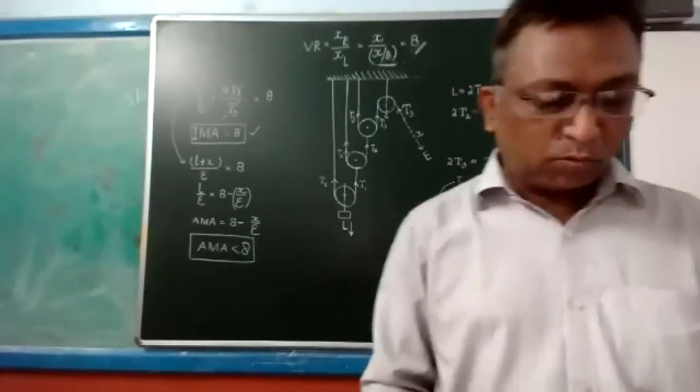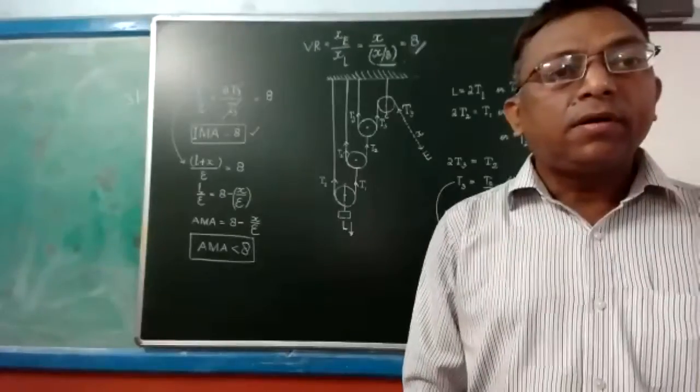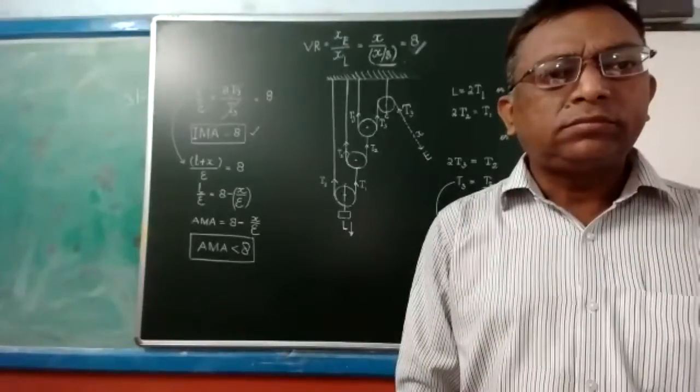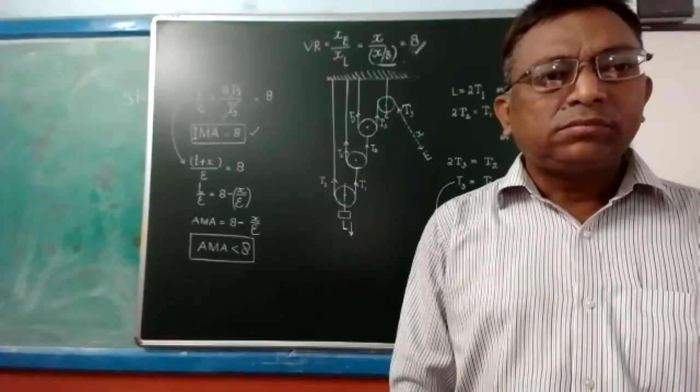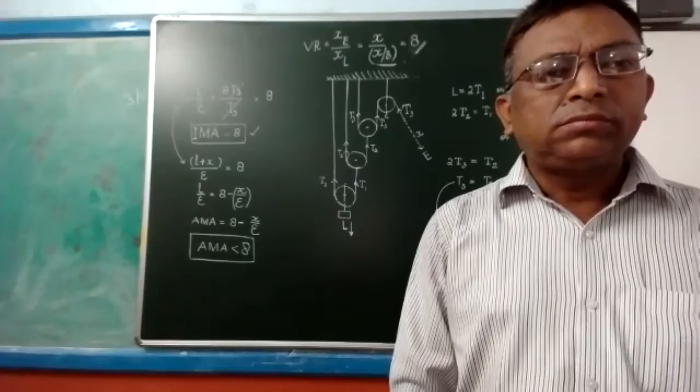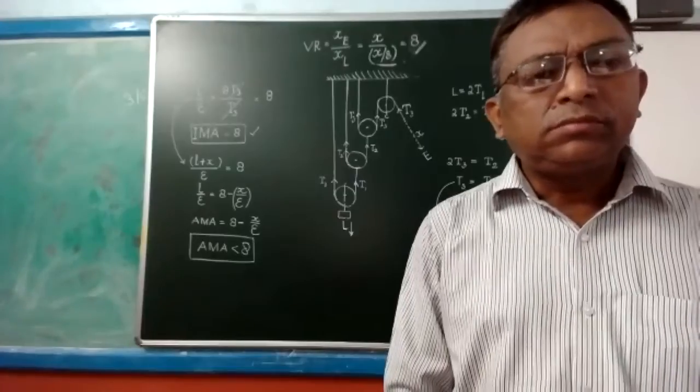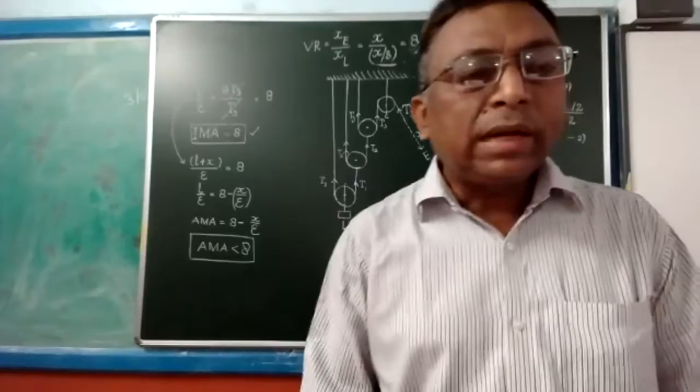Good morning, sir. In many of the questions, the velocity ratio is equal to the number of supporting segments. But if we do x by 2 plus x by 2, the correct answer is not coming.